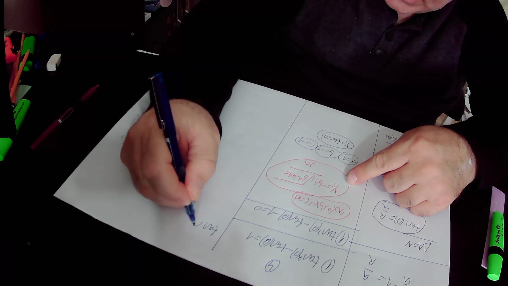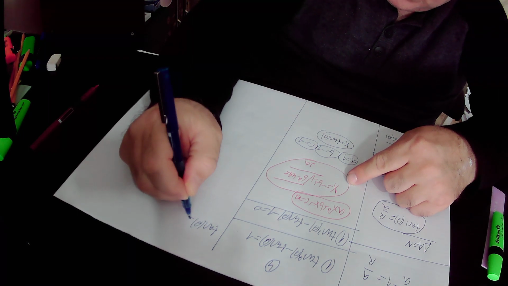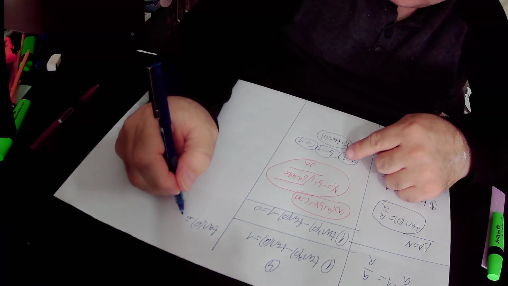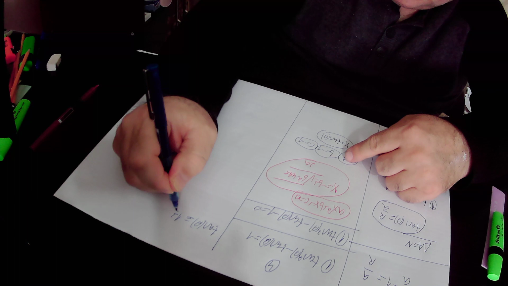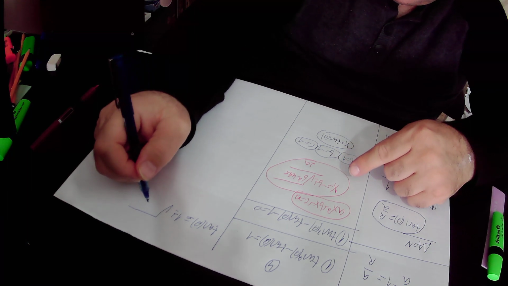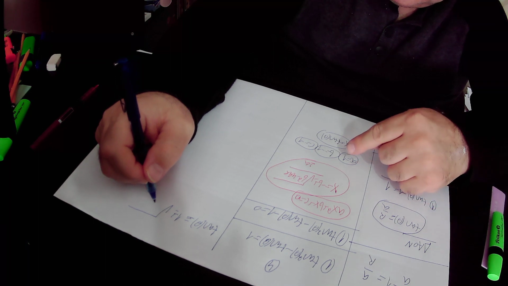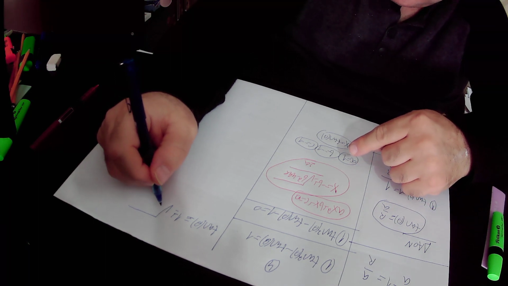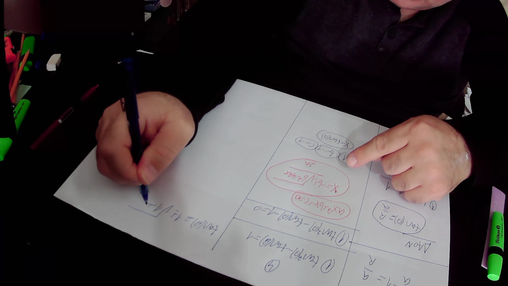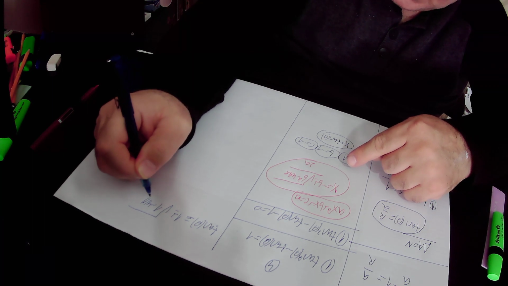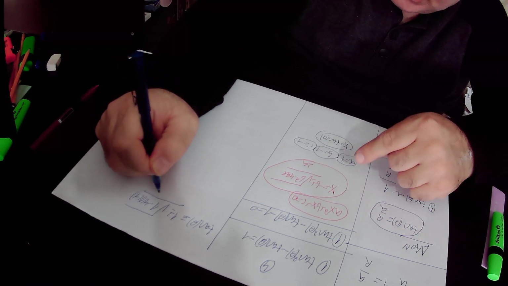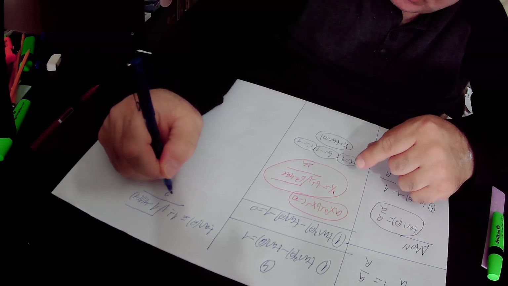Tangent theta equals minus b. b is minus 1, so minus b is 1, plus minus square root of b squared. b squared is minus 1 squared, which is 1. Minus 4 times a, which is 1, times c, which is minus 1, over 2a. a is 1, so 2 times 1 is 2.